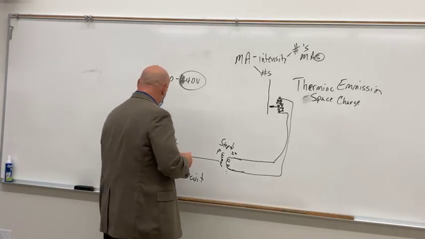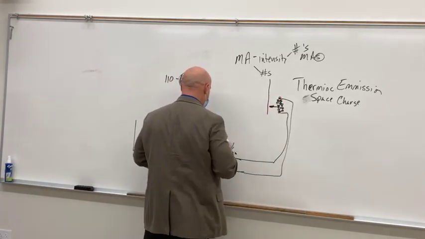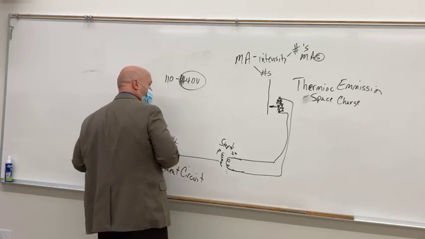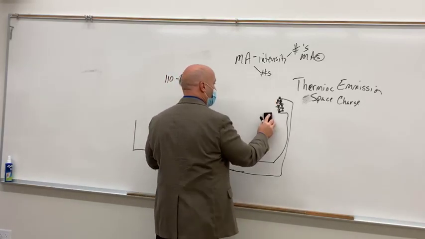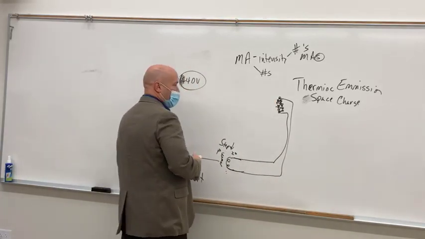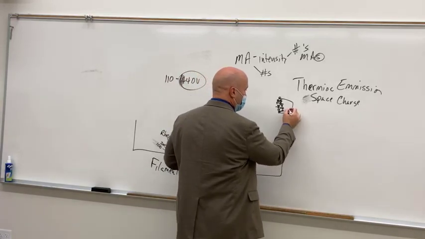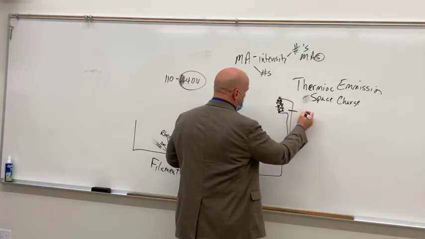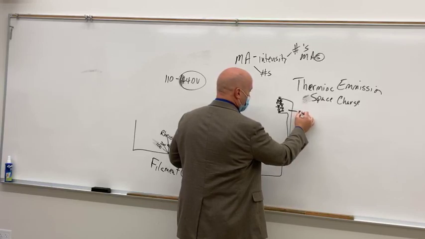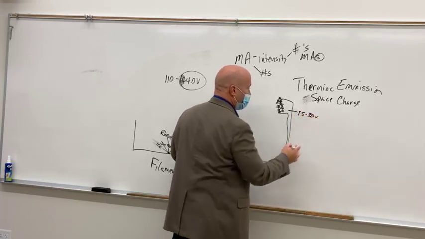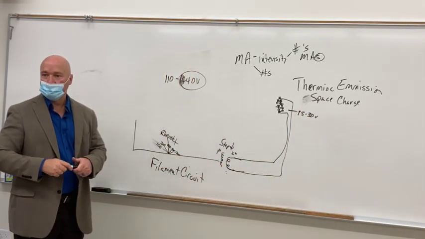So what we want, especially if we get a lot of electrons crowded around that, in the filament before we're ready to apply kilovoltage, is very low volts. So we're talking about 15 to 30 volts, very low voltage, okay?